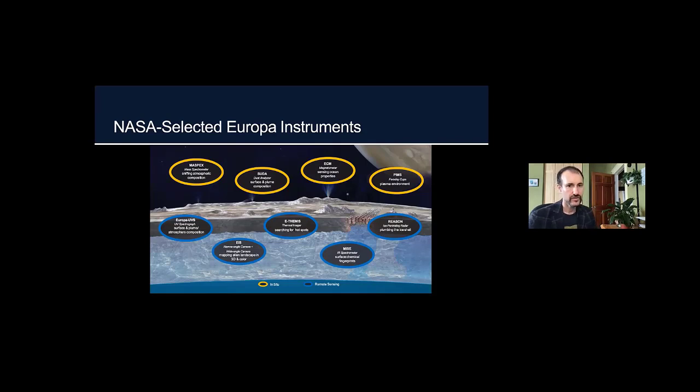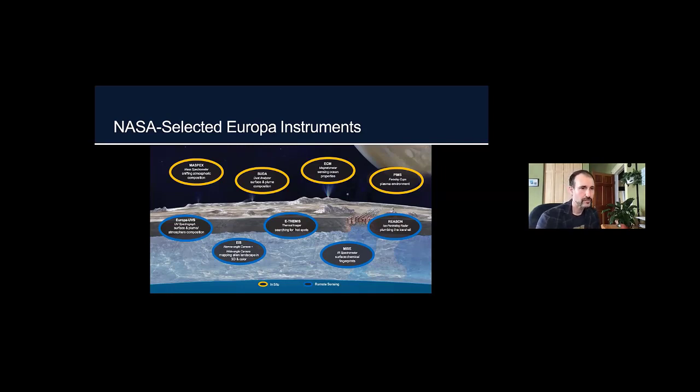So altogether, these instruments should allow us to understand Europa's composition and the churning of its ice, including the deposition and generation of oxidants at the surface, possible liquids within the ice, and transport of materials through the ice into the ocean, potentially vice versa.